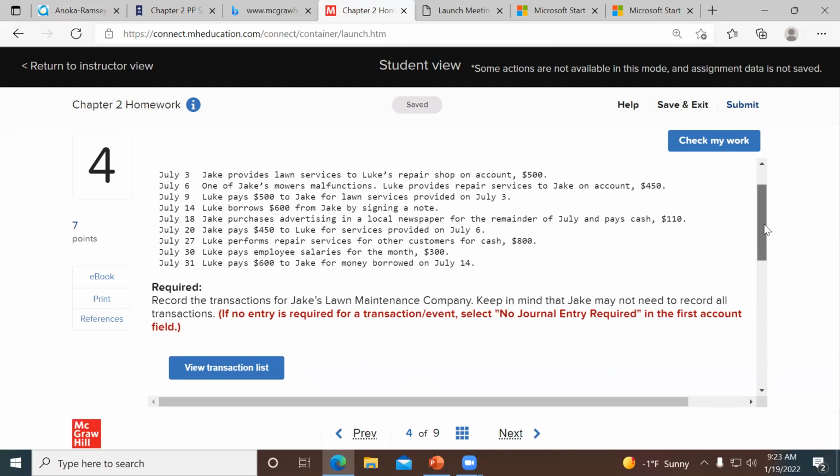Jake provides lawn services to Luke's repair shop on account $500. What does that mean? Is it a liability? Yes, it's accounts receivable and it's service revenue, right?